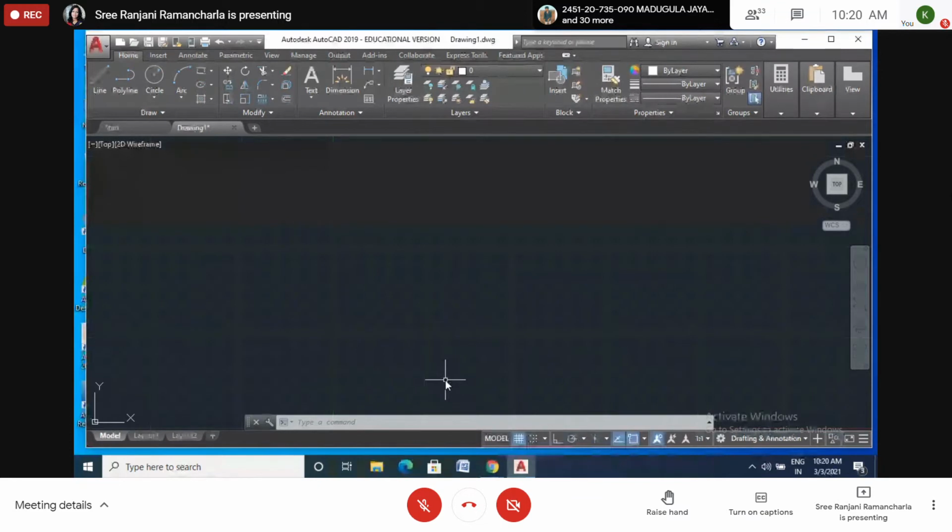Good. 4 sides and one top and one bottom. What type of faces? Is it a triangle or rectangle or square? Square.